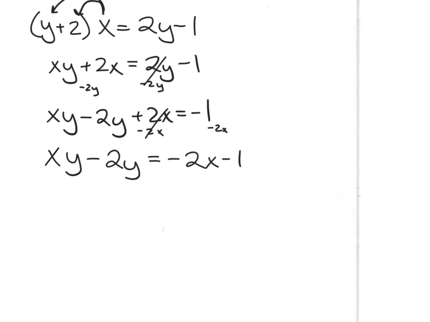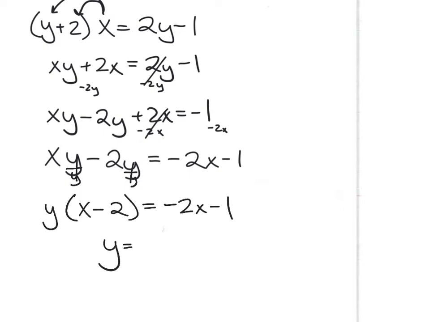We factor out y, which is like dividing out a y. These y's would disappear. This would be x minus 2 with a y in front. We divide by that parentheses so that y is all the way by itself: negative 2x minus 1 over x minus 2.